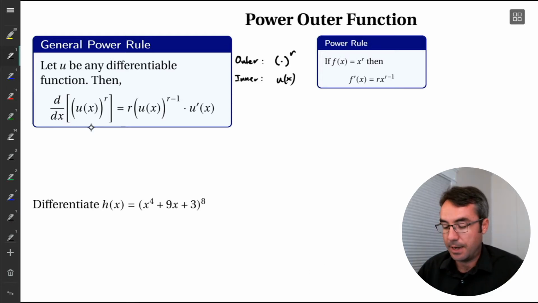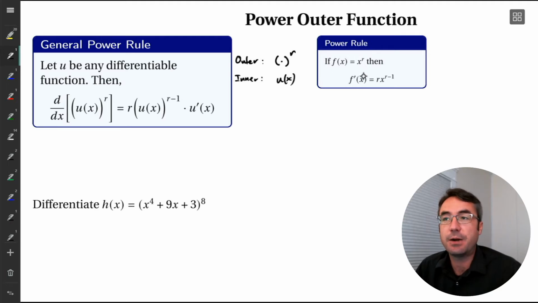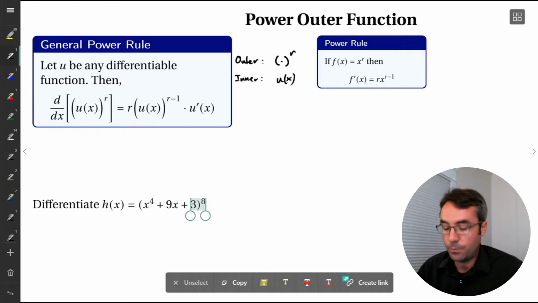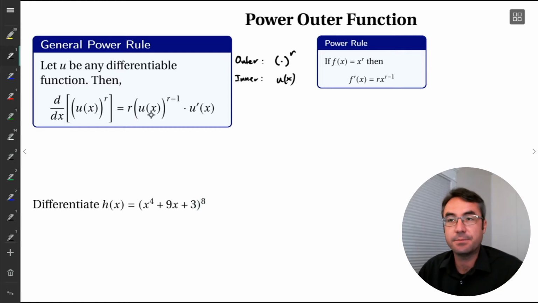All right, so how do we differentiate this composite function? Well, chain rule. What would chain rule look like in this case? We want to differentiate the outer function. The outer function is just a power function, so we would use power rule. So bring down the r. We keep our inner function the same, so u of x is still inside this power function, and then we subtract 1 from the exponent.